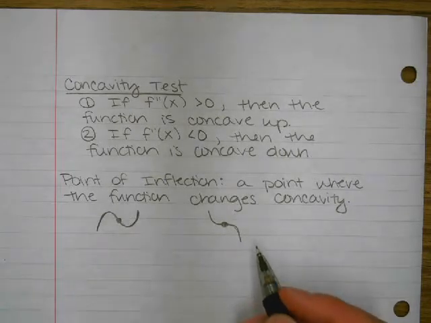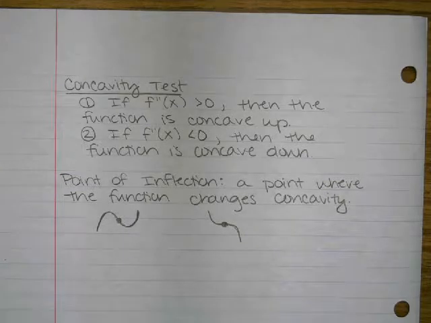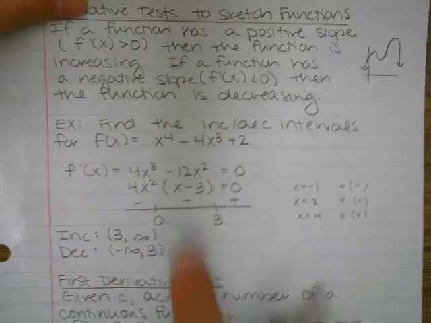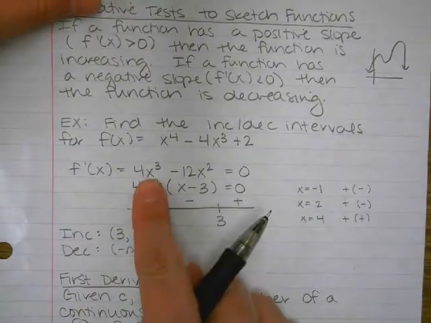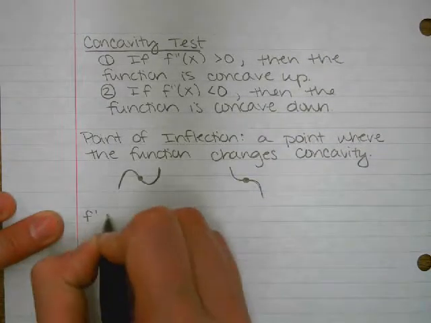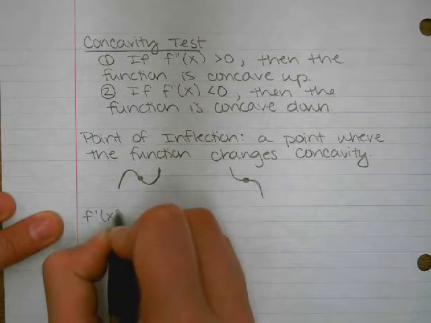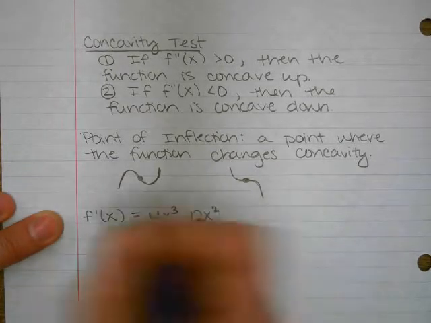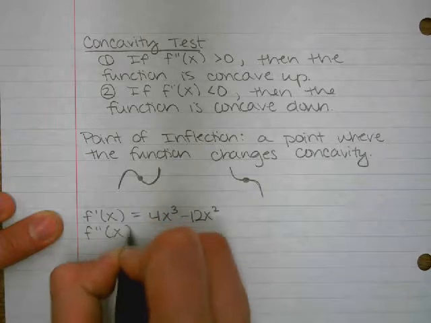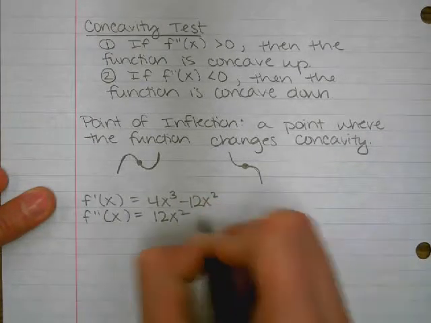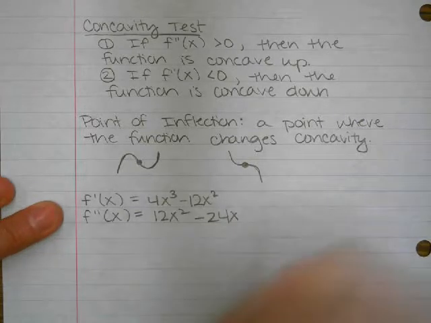So the next thing we're going to do is take that original function that we had and find the second derivative now. So the first derivative we had was 4x to the third minus 12x squared. So I'm going to go ahead and copy that: 4x to the third minus 12x squared. So now we're going to find the second derivative, and that would be 12x squared minus 24x.